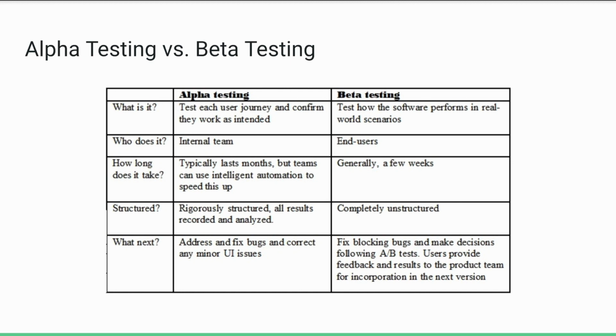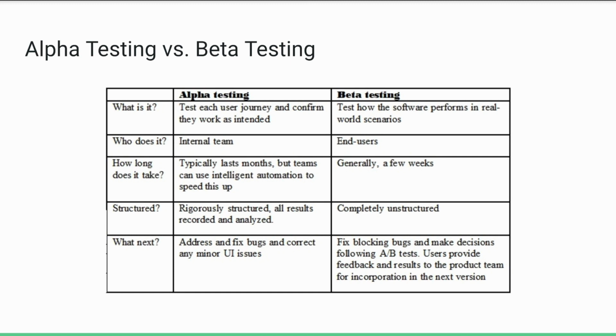So the big difference is that in alpha testing, we're having internal team members of the company making the software test the software. However, in beta testing, we're actually giving our software to a small group of intended end users. So we're taking some people who don't work at the company, who will most likely be users of our software, and we're giving the software to them, and we're going to see how easily they can use it, whether they find any bugs, and we're going to get feedback from them that we can use to improve or fix the software.